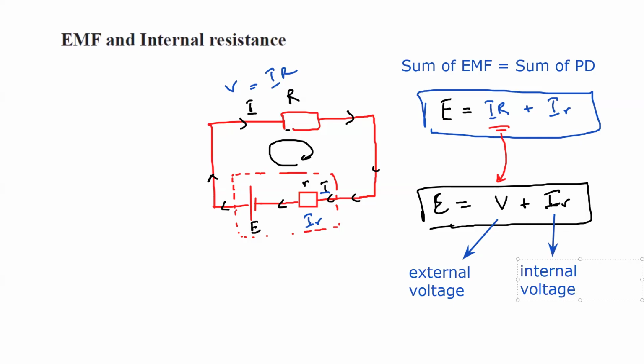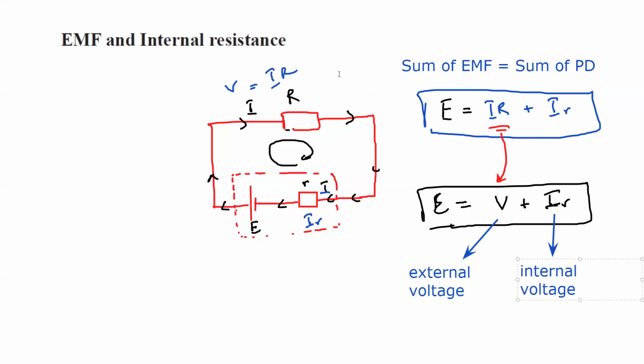Where small r is the internal resistance, capital R is the external resistance, and E is the EMF of the cell, the maximum voltage of the cell. So whenever you see a question with a battery with internal resistance, this will be your formula: EMF is equal to V plus Ir.